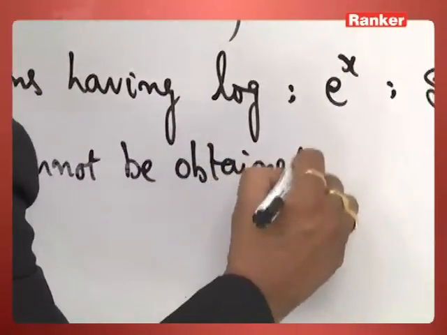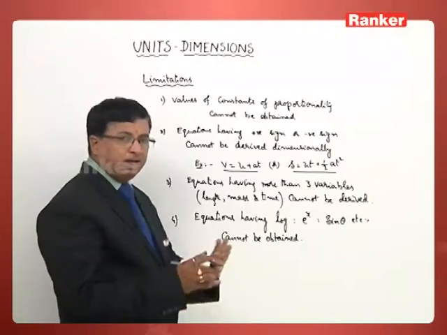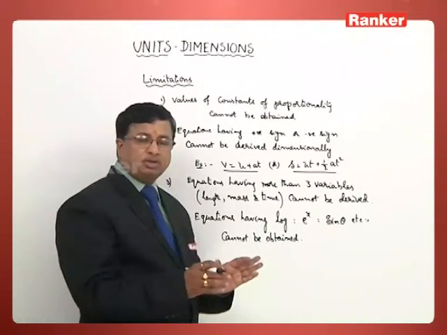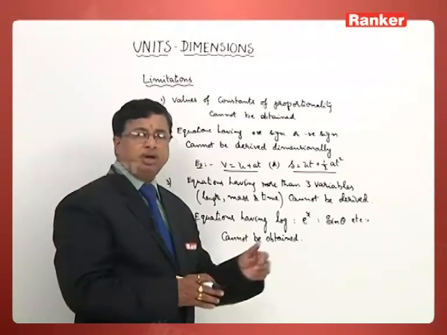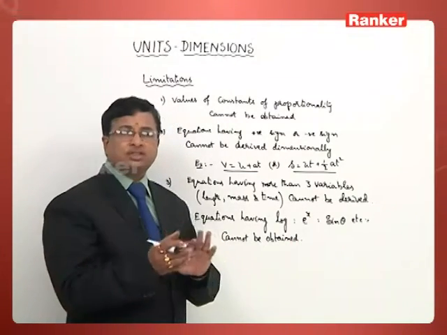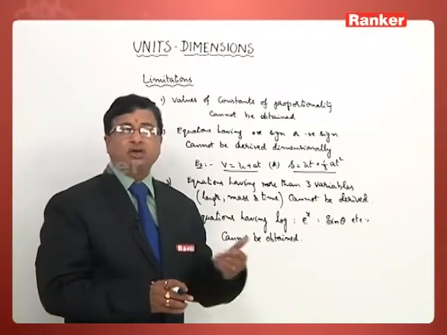That is the point. So, equations in which we are finding logarithmic values, equations in which we observe exponential values e power x, e power 2x, etc. Similarly, equations in which we are finding trigonometric ratios like sin theta, tan theta, cot theta, like that.